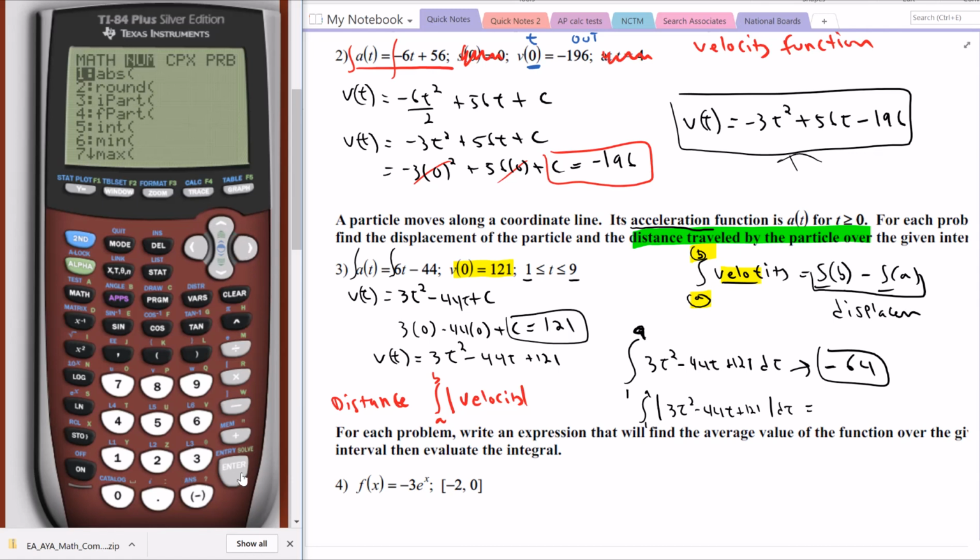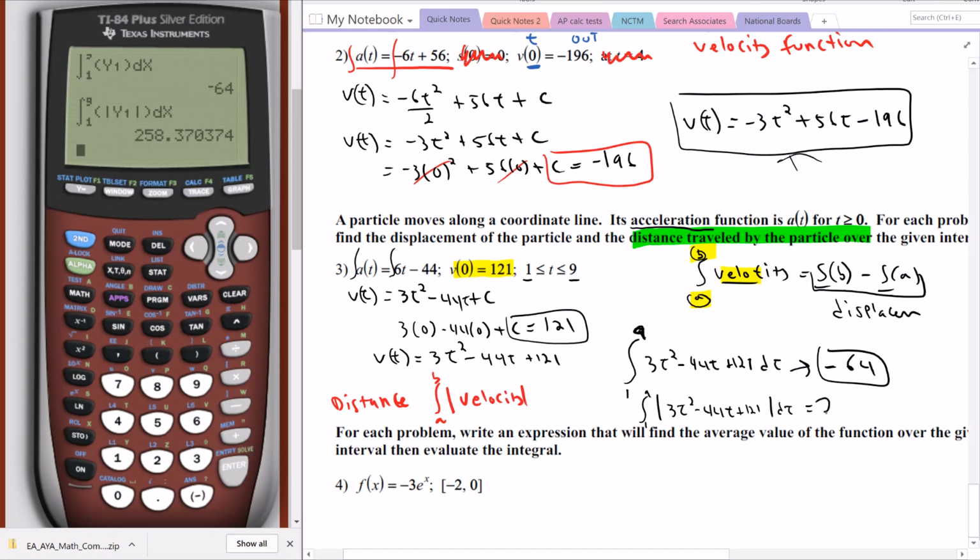Number 1 is ABS, which is absolute value, and then we can just put our y1 there and dx, and you're going to get, ooh, it's taking longer than I thought it would. You're going to get 258.370, right? So that's the total distance that it traveled during that time, 258.370 units.